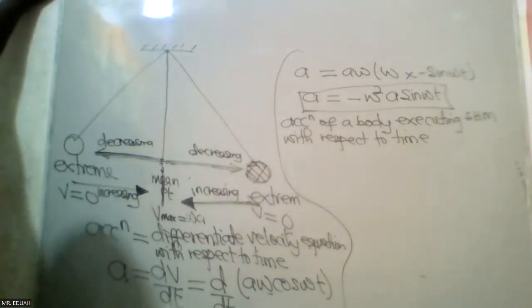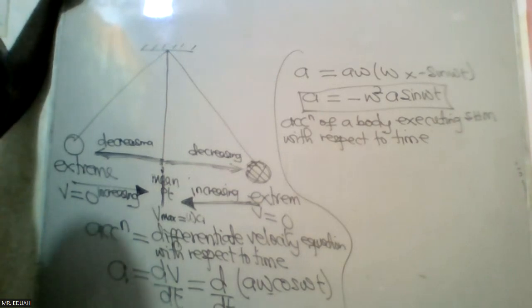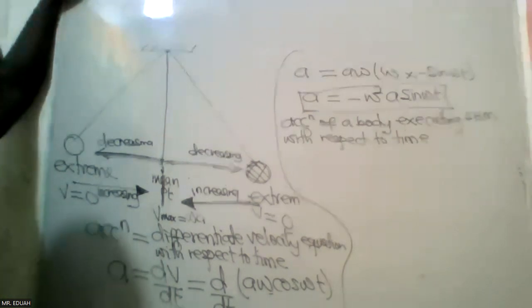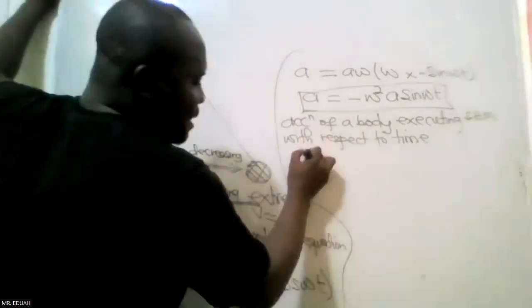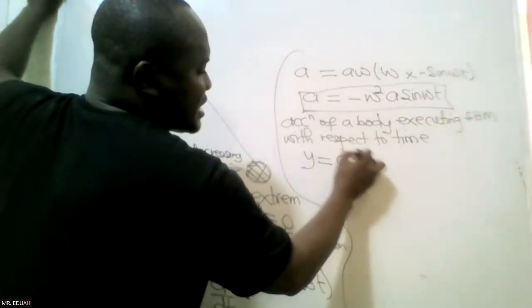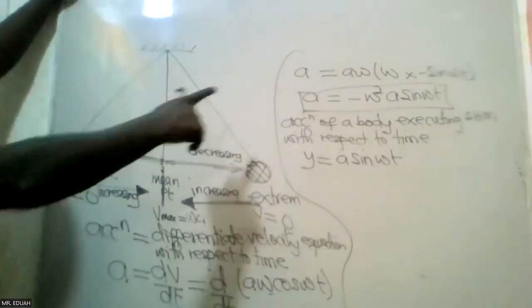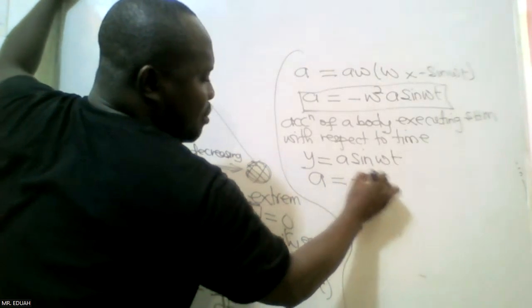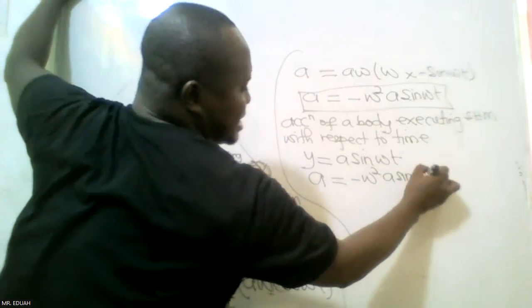Now, at a displacement of so and so, what is the acceleration? Here, we want to connect acceleration to displacement, and this is how we do it. Displacement y is equal to a sine omega t. So when we look at this, we have a is equal to minus omega squared a sine omega t.